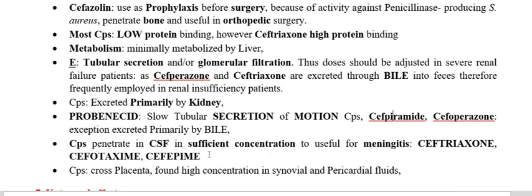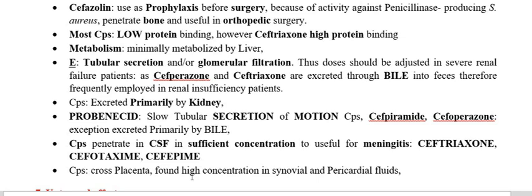So from the second generation, cefuroxime is there for meningitis treatment. For the third generation, the drugs like cefotaxime and ceftriaxone, and the fourth generation cefepime, are to be used for the therapy of meningitis, particularly in case of human beings. So this is very, very important.